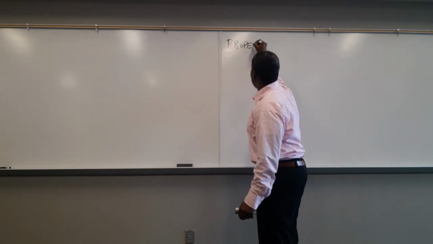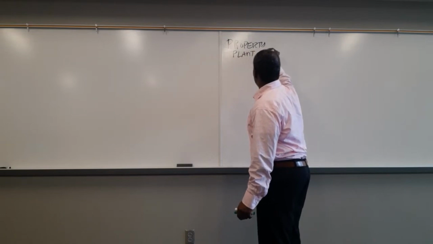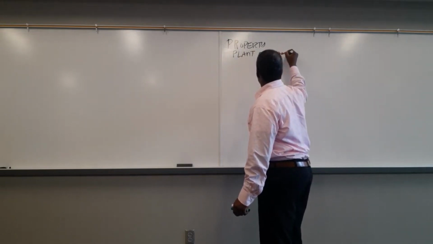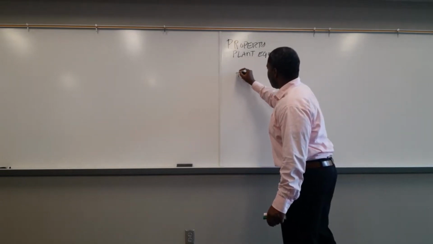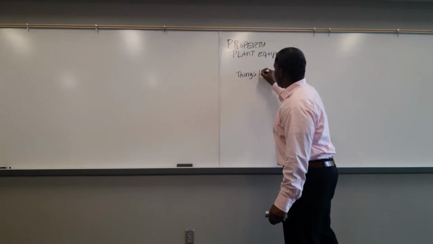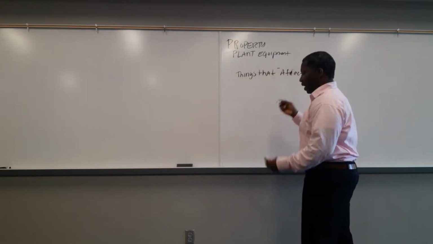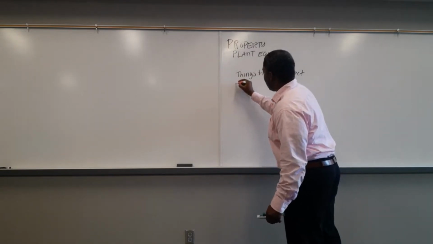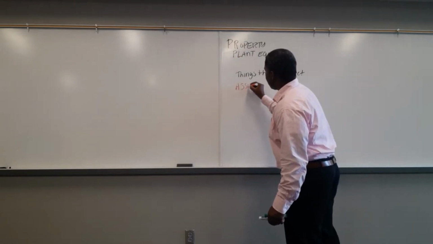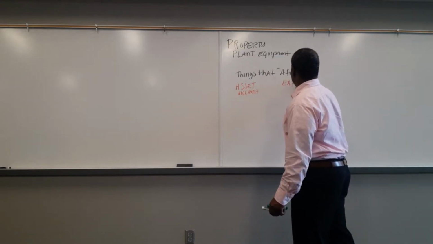Still speaking of property, plant, and equipment, we want to understand the difference between things that affect, red is not good, green is not bad, I'm just using different colors here, things that affect the asset account and things that affect the expense account, okay?